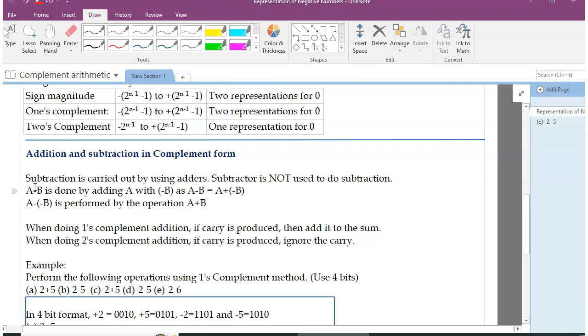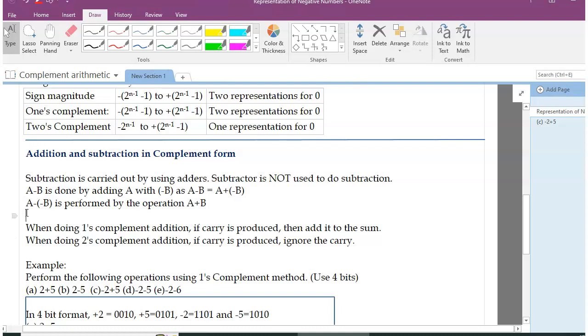How to perform addition to do subtraction? See this one. Suppose you want to subtract b from a. This is subtraction, a minus b. That one is done by adding a with minus b, meaning a minus b can be written as a plus minus b. We have to write the binary pattern for a and the binary pattern for minus b, and these two should be added.